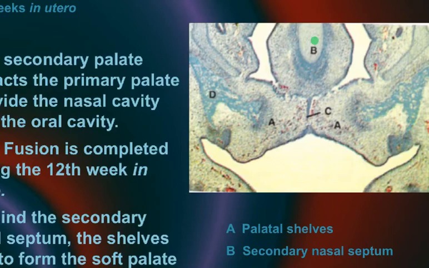B here is part of the secondary nasal septum. If you want to be specific, you can call it secondary nasal cartilage. And around it you can identify bone. Bone in this type of stain appears turquoise in color.